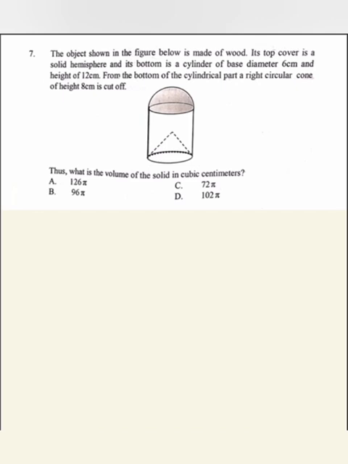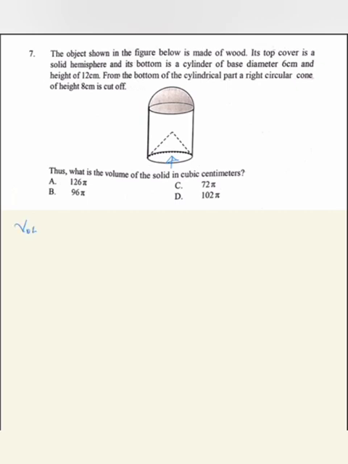From the bottom of the cylindrical part, a right circular cone of height 8 cm is cut off. እንግዲህ እዚህ ስክሪኑ ላይ የምታዩት ሶሊድ ፊገር አለ. ሄሚስፌር እናያለን, ሲሊንደር እናያለን, ኮን እናያለን. ግን እቺ ኮን ተቆርጣ በውስጥ በኩል ወጣለች. Okay, so the remaining part of the object's volume ስንት ነው የሚለው?